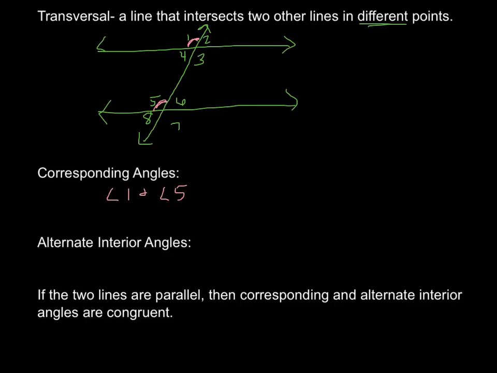So if 1 and 5 are corresponding, then we also know that 2 is a corresponding angle to 6. We also know that 4 corresponds with angle 8.